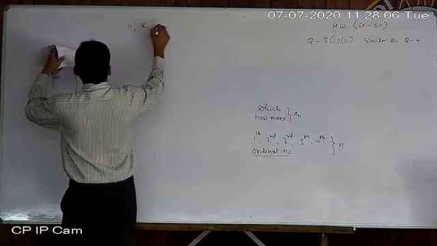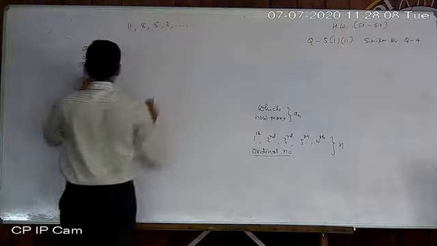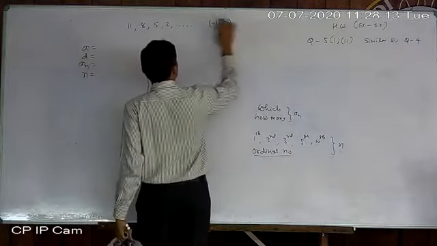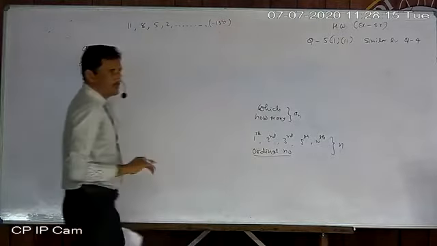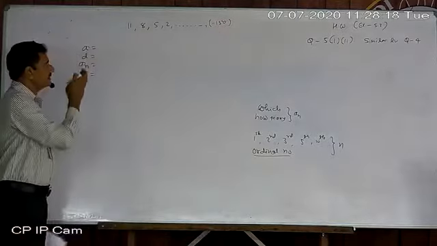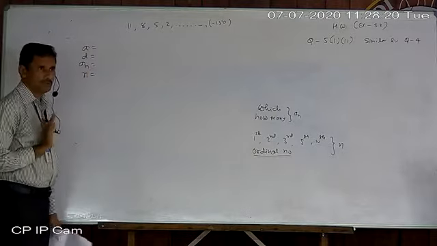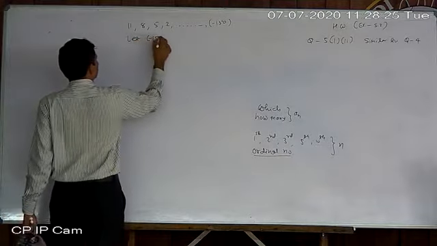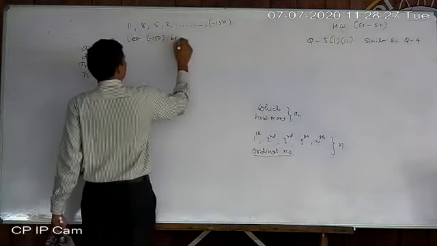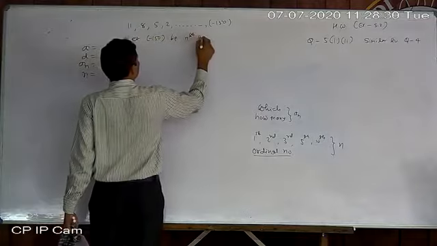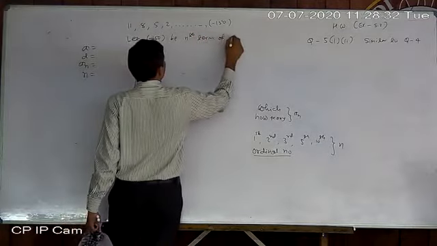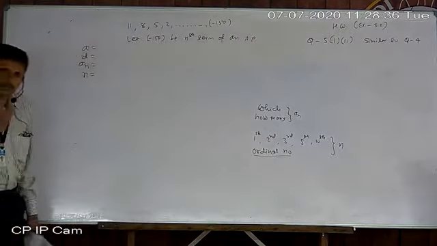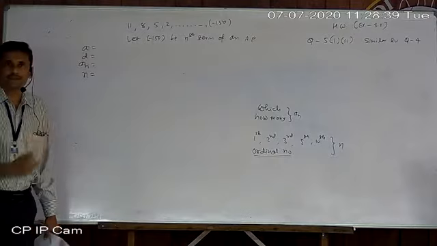Even I solve here: 11, 8, 5, 2. This is a series. Is minus 150 a term of the given AP or not? We are not sure whether it is a term of the given AP or not. But now suppose, let minus 150 be the nth term of the AP. We suppose that. Now try to find at which number it is.